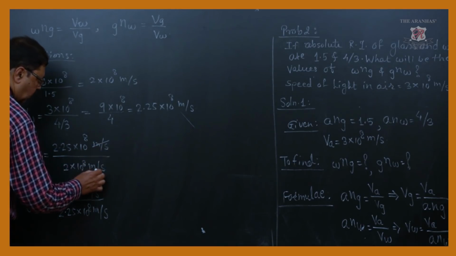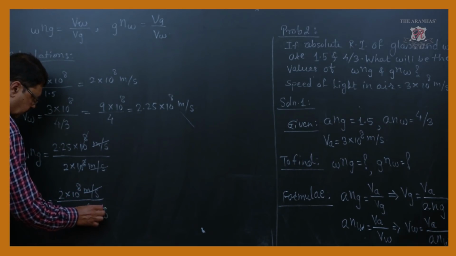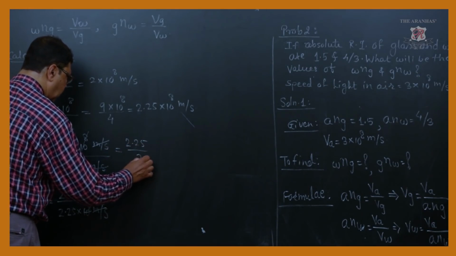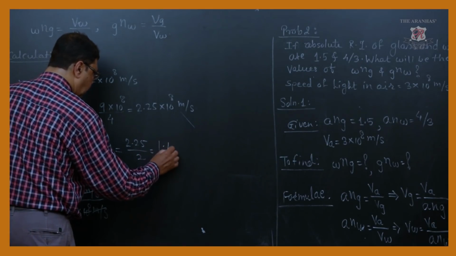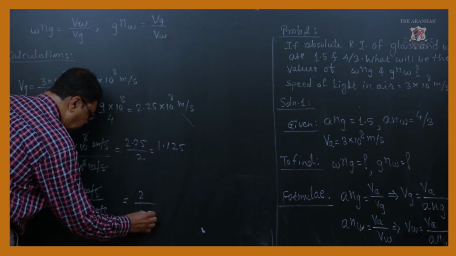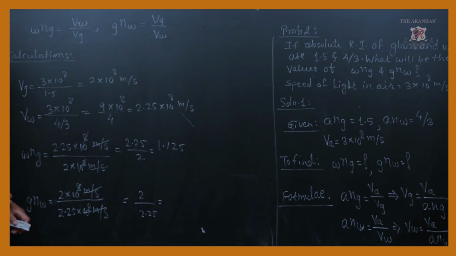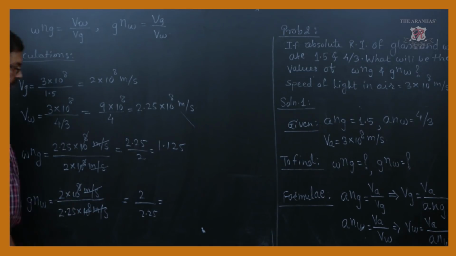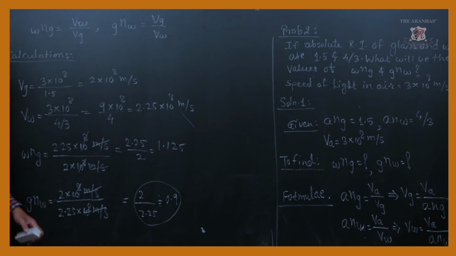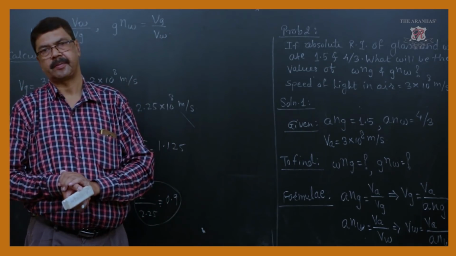So this is going to cancel out, this is going to cancel out. Answer comes out to be 2.25 upon 2, and g_n_w equal to 2 upon 2.25, that is equal to, you will have to calculate this. Check whether you are getting the answer close to 0.9, approximately equal to 0.9 I will write. Check this answer. So in the next lecture, we will continue with the numerical and go to the next concept. Thank you.